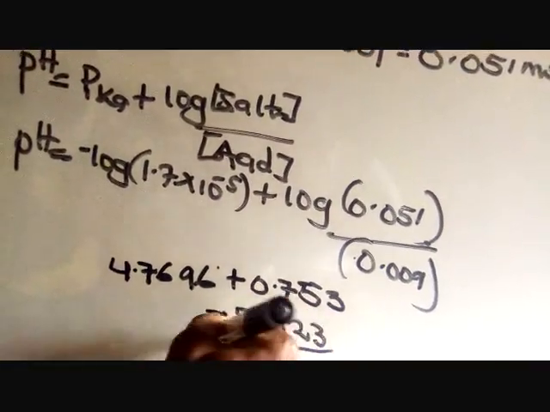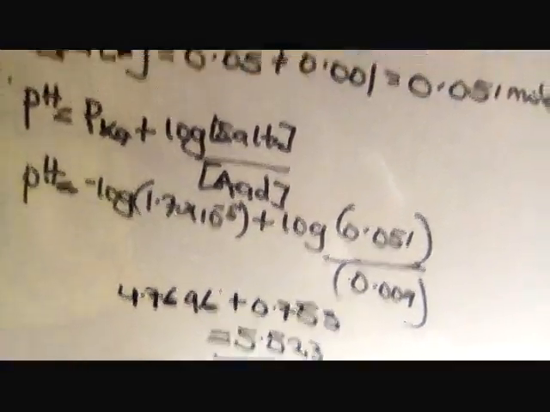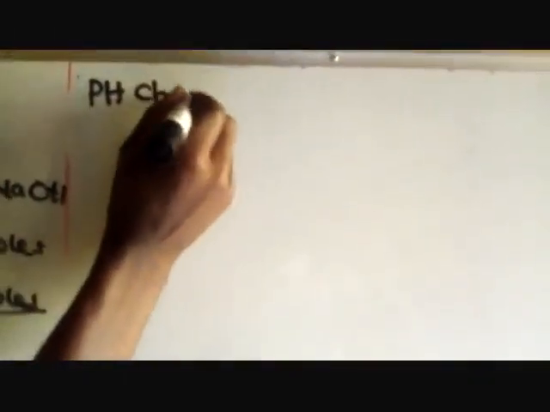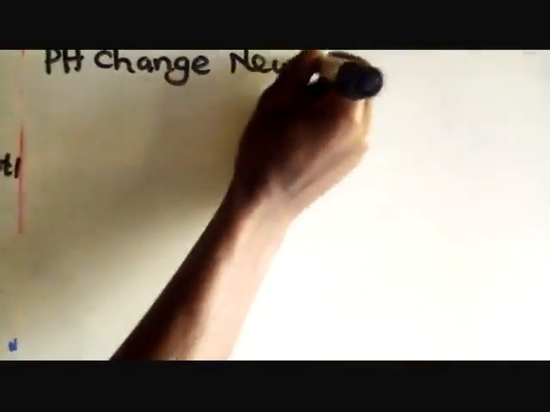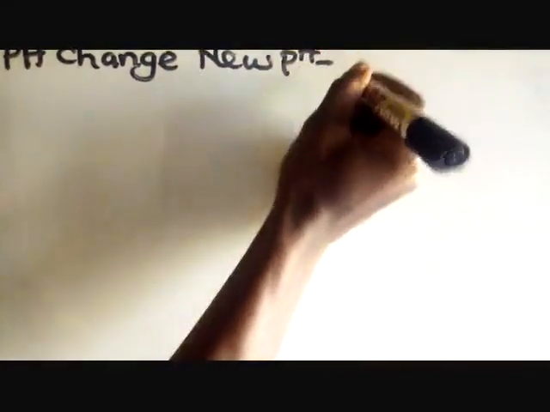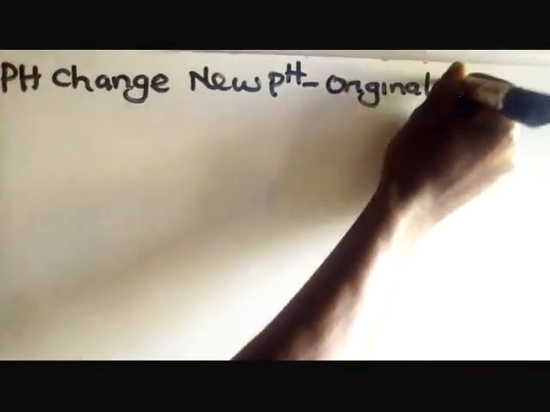Now the question, remember, says the change in pH. Our change in pH, we get the new pH minus the original pH. That's the original pH.